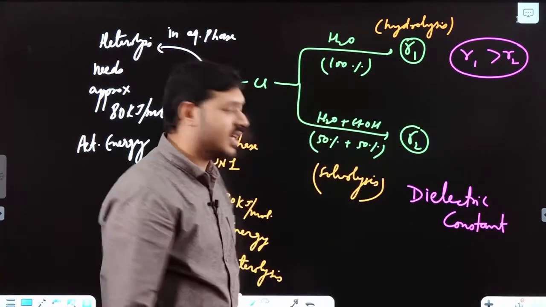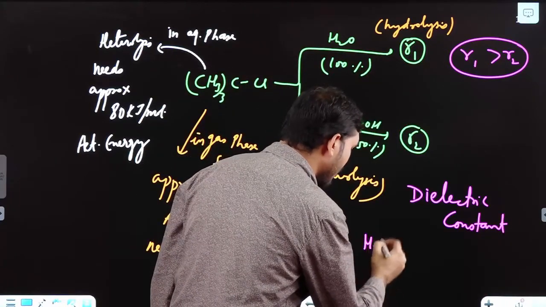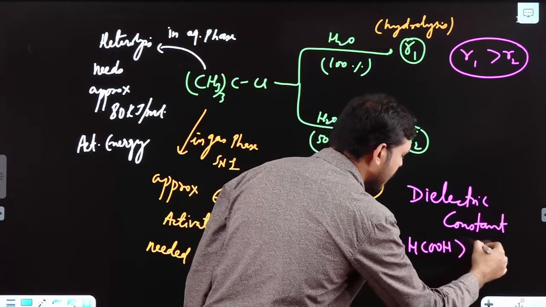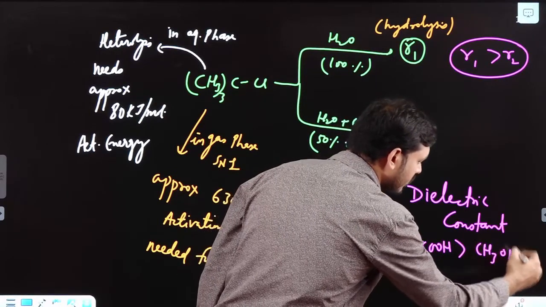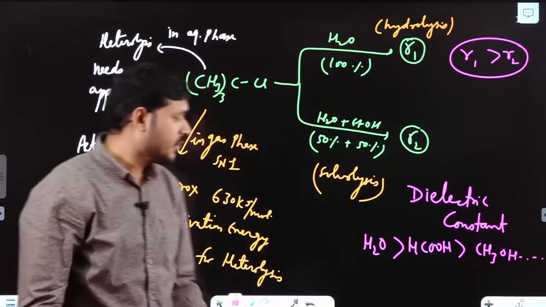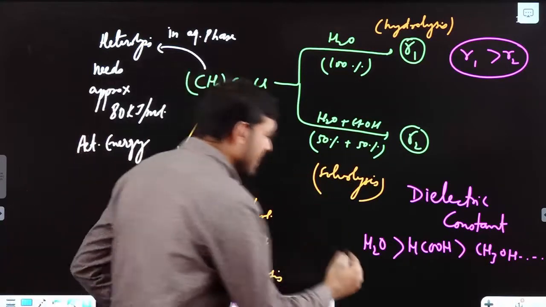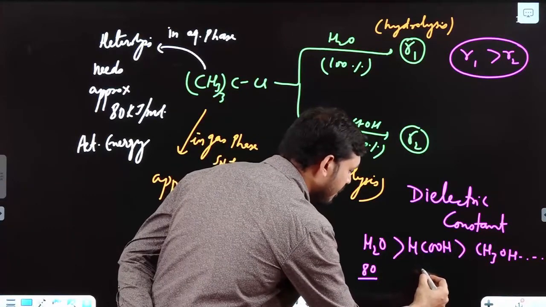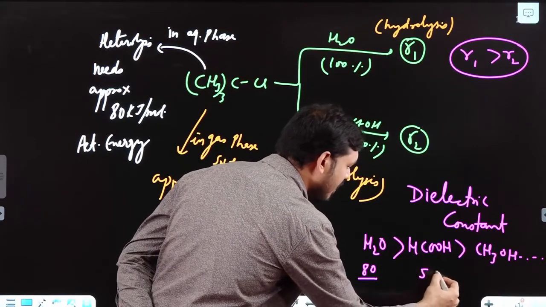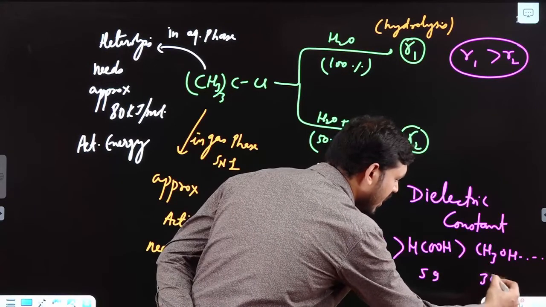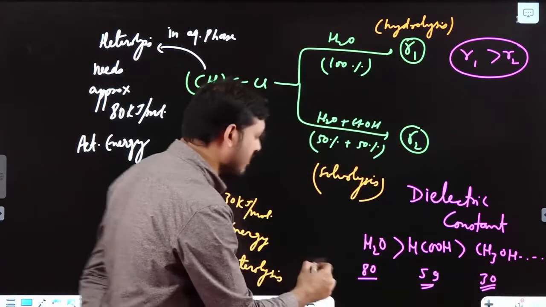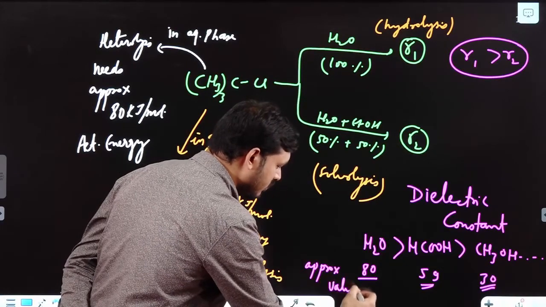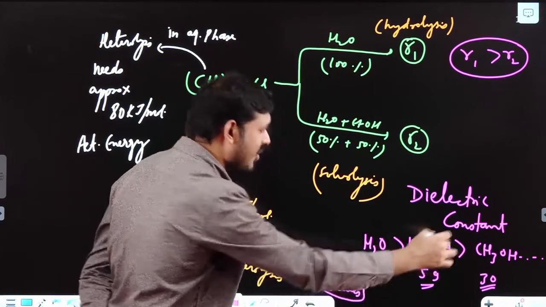Dielectric constant, water is higher than formic acid, higher than methanol, and so on. The value is approximately 80, approximately 59, and approximately 30 or 33, approx values.